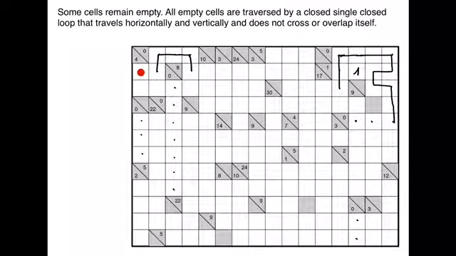Actually, when you have two cells like this, if one of the cells is in the loop, then it can't go backwards, so it has to go forward along the wall. So this can't happen. So those two cells must contain digits, and they have to be 1 and 3 to fulfill this sum of 4. And now the loop has to go like this.